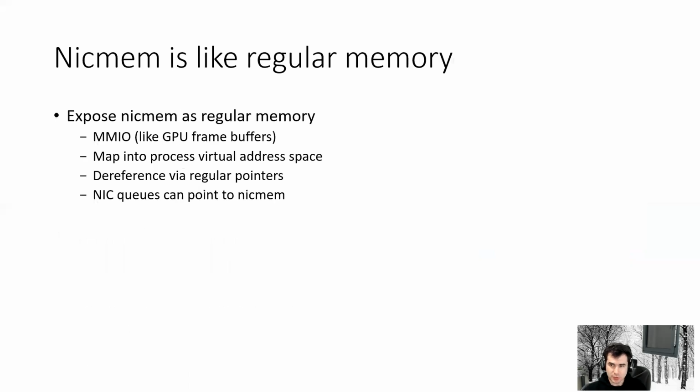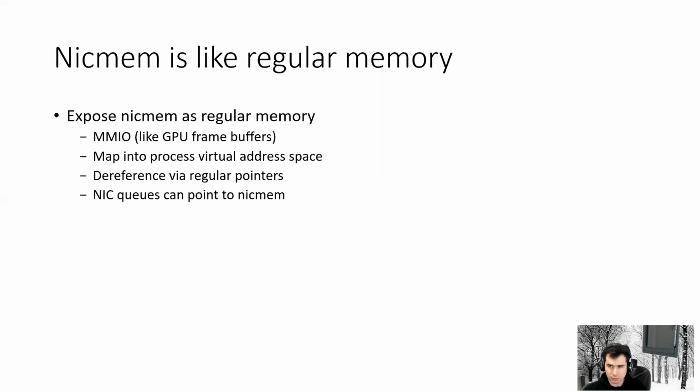We expose Nicmem to software as memory mapped I/O. This allows applications to treat Nicmem as regular memory. Applications can map it to their virtual address space and dereference it via pointers to read and write.